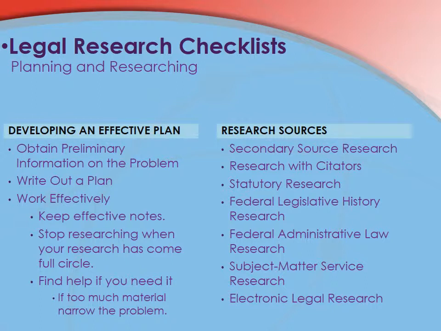So these are just some tips to guide your research, first starting off with the plan and then knowing where you're going to start when you do your research. And again, if you don't really know what issues are at play or have a lot of background information about that type of case, a great place to start is secondary sources like treatises, journals, and things like that. And you can find a lot of that information online.